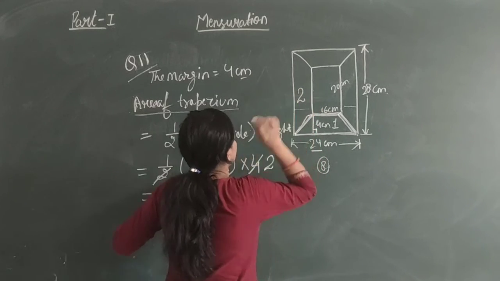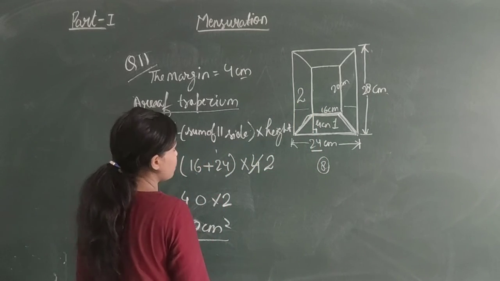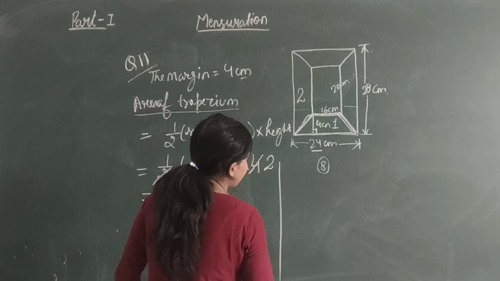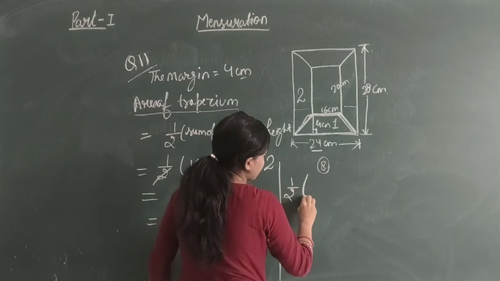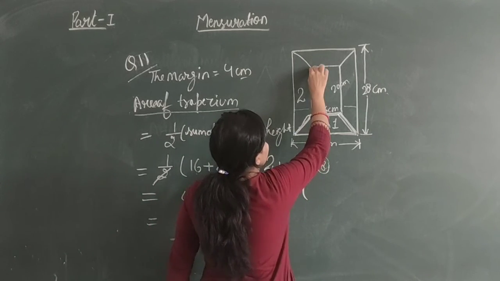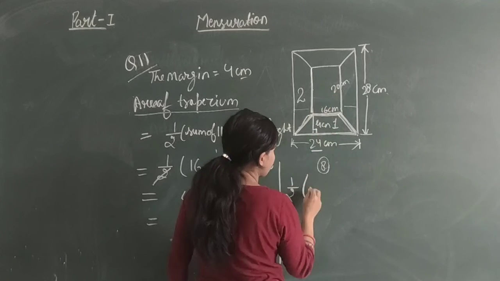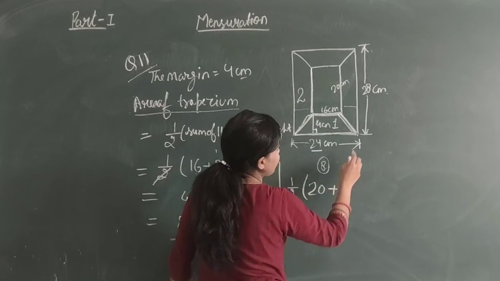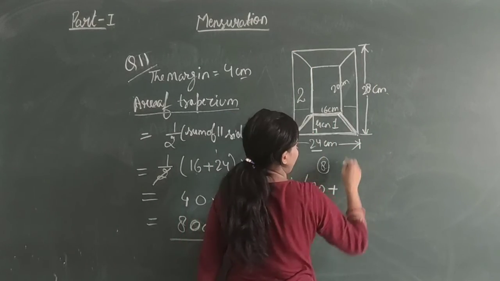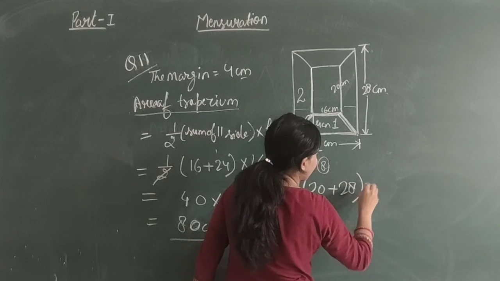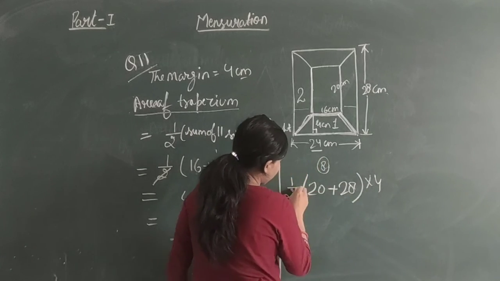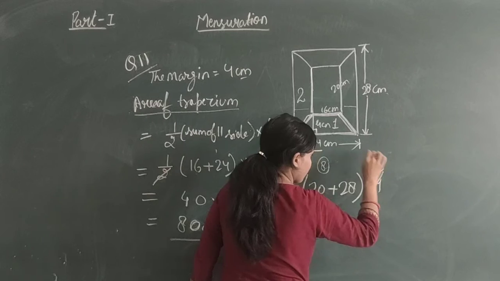Let's find out number 2. Same, on applying the formula we will get, this is 20 plus this part is 28 and the height is 4 again, right?